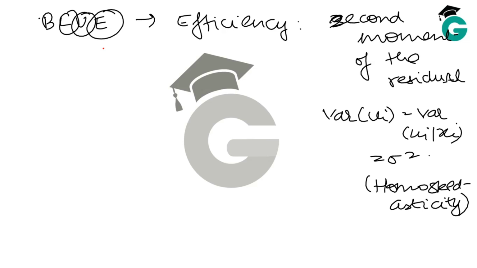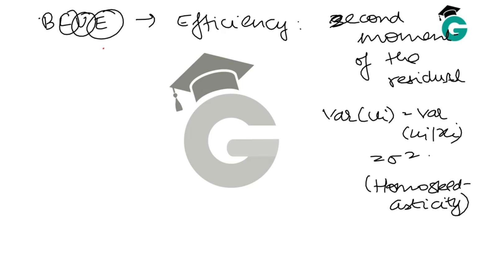Okay, so given that you have this assumption on the error term, efficiency of the parameter requires you to talk about the variance of the parameter itself. What that means is that when I say variance of the parameter, what I mean is how much is the parameter differing from the estimator, right?